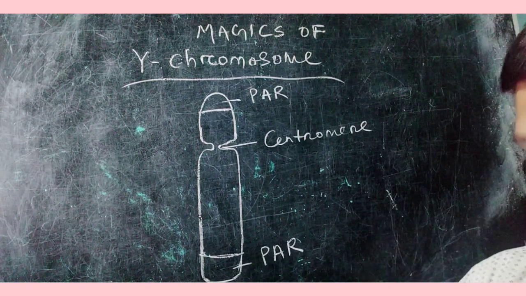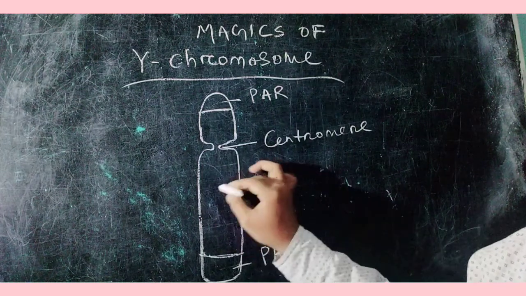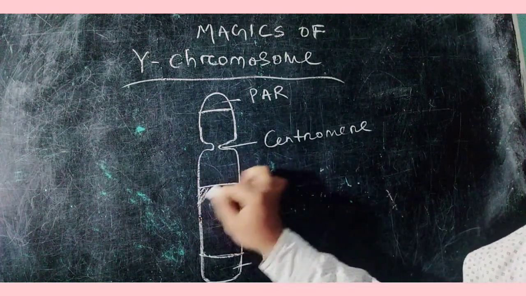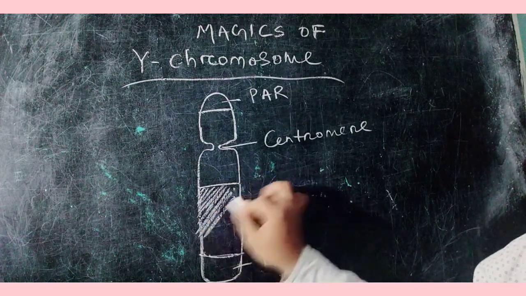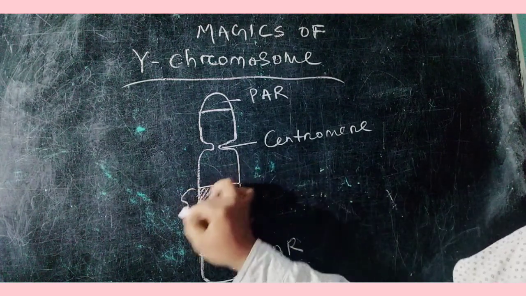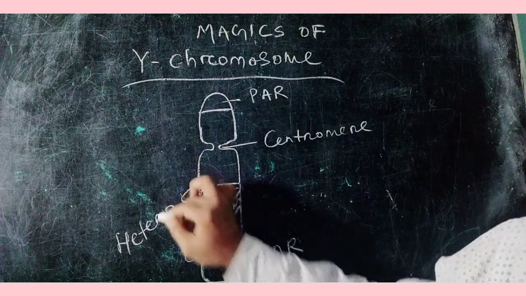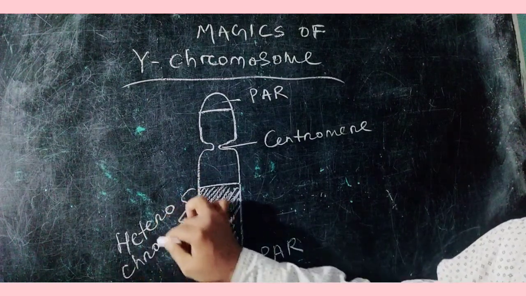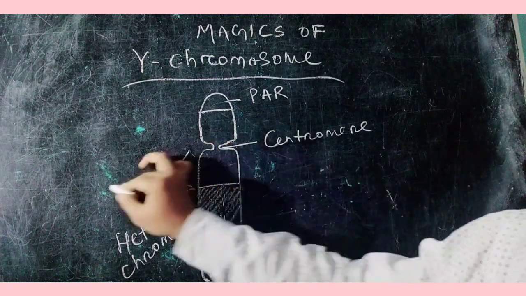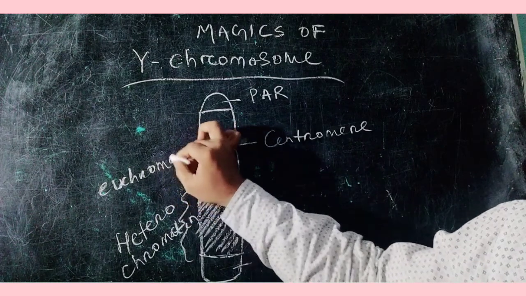This long arm consists of two different parts again. It carries more heterochromatin and less euchromatin. This is the darkly stained area called heterochromatin. The heterochromatin is more in comparison to euchromatin.